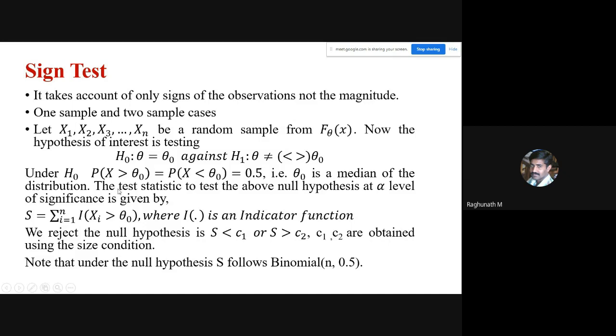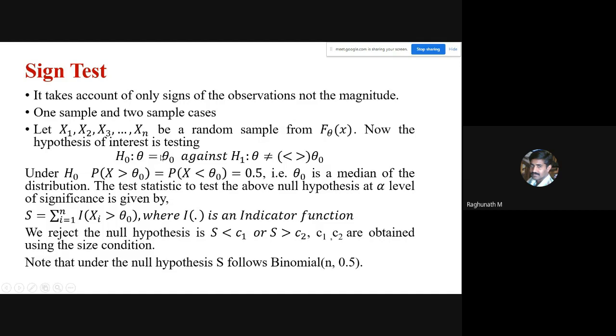Now, in the case of inferential statistics, like testing of hypothesis, first we have a sample. We have to formulate the hypothesis, null and alternative. How do we formulate the null hypothesis?